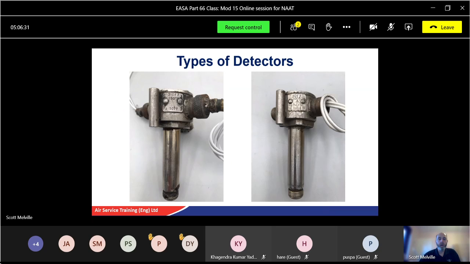Types of detector. Importantly here, you have to make sure you've got the right type. They might look the same, like this one here. Looks very similar, but they could be designed to do different jobs. So the main thing is, if you go and fit a detector, even though it looks the same, make sure the part number is the same. In this case, two different part numbers, both look the same, but they will work in different ways.